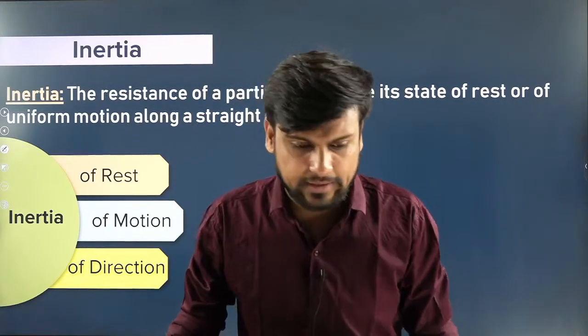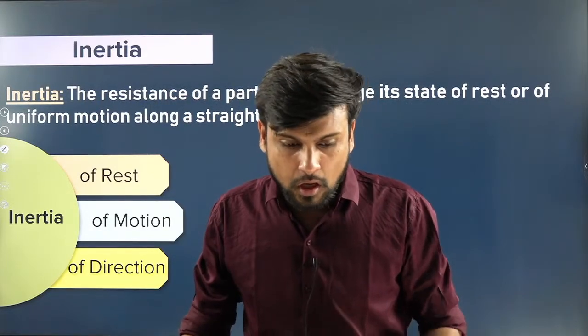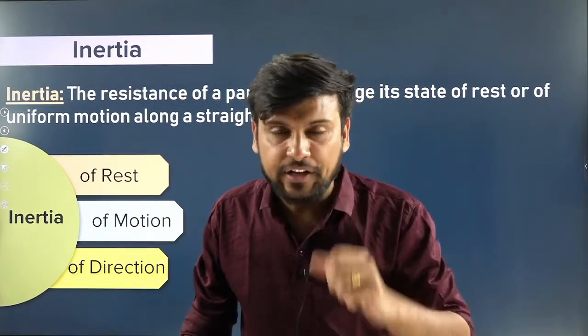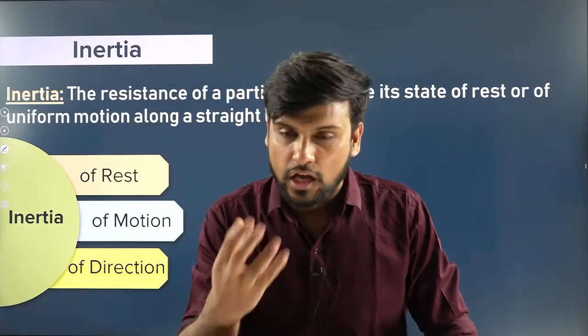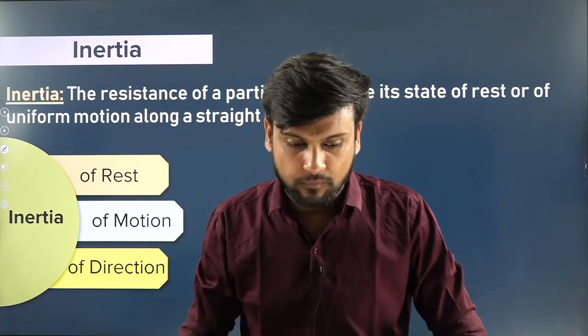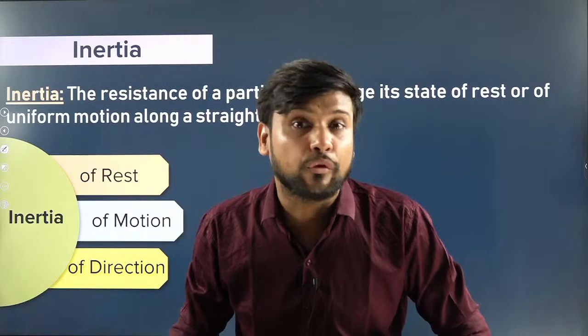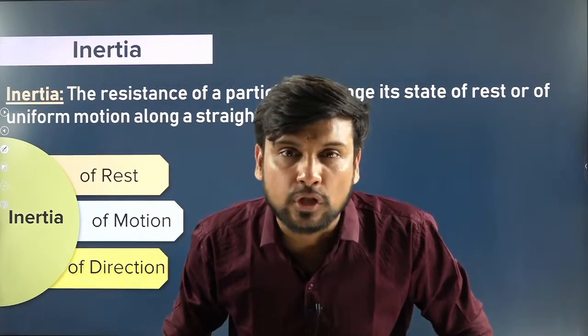I give you one more example. Let us assume one elephant and one rat is coming towards you with some velocity. What will you do? If the elephant is coming, will you try to stop it?